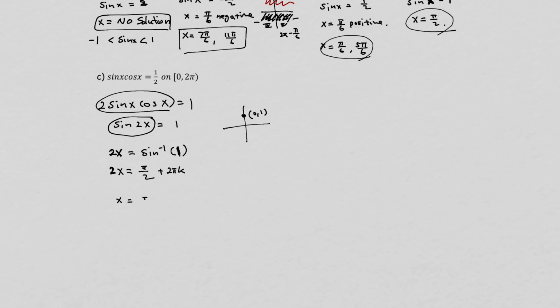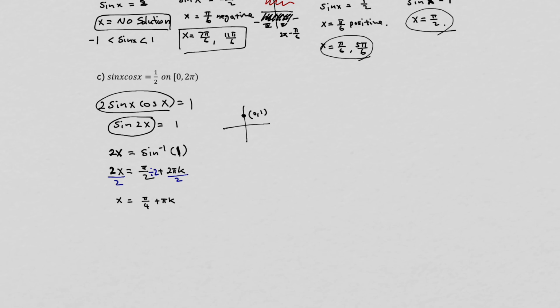So you get pi over 4 plus pi k, right? Let me show you. Divide by 2, divide by 2, and divide by 2. Okay, that's what you get.